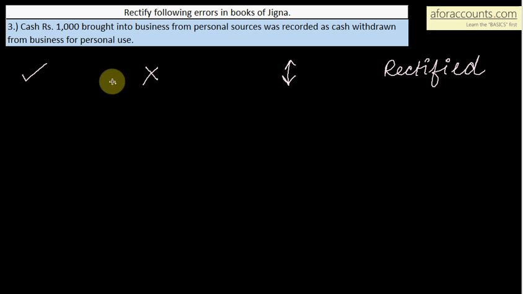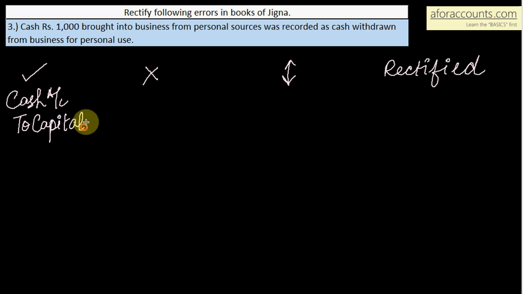Let's start. Cash rupees 1000 brought into business from personal sources means cash account debit, cash coming in to capital. Amount brought into business from personal sources for business use is capital introduced. So cash account debit to capital. Was recorded as cash withdrawn, was recorded as drawing.